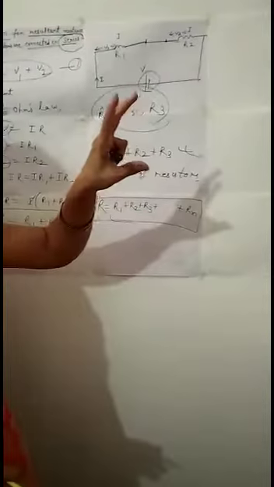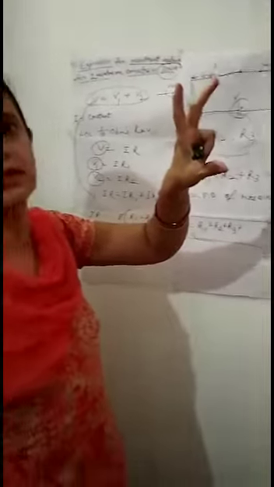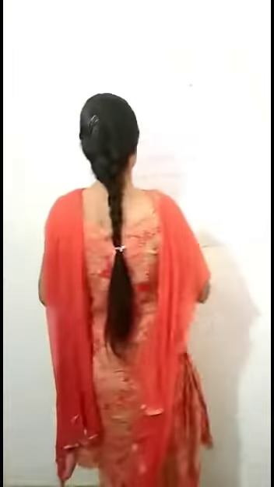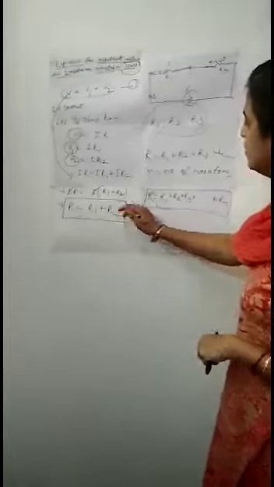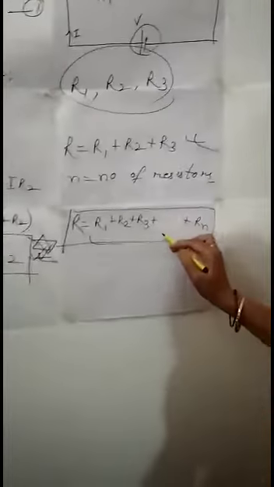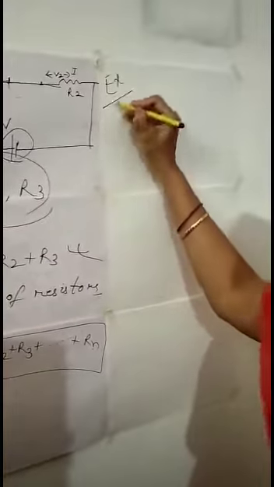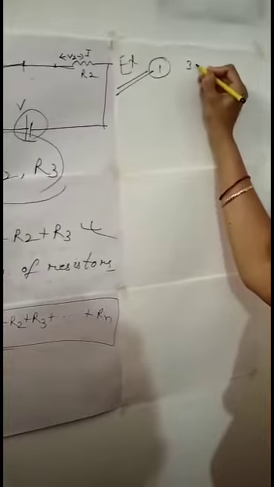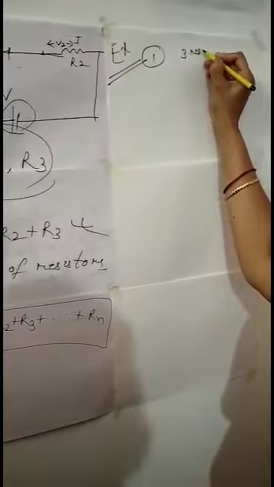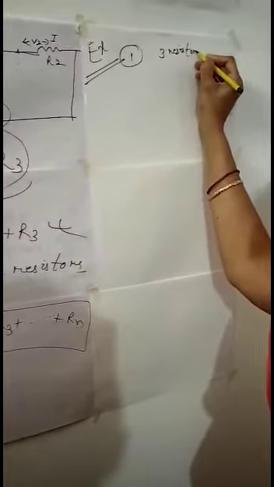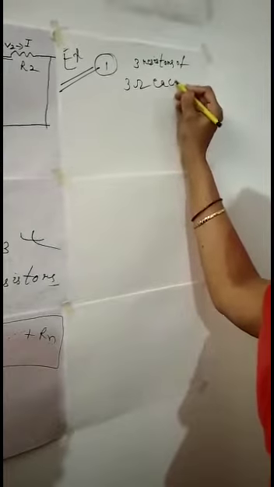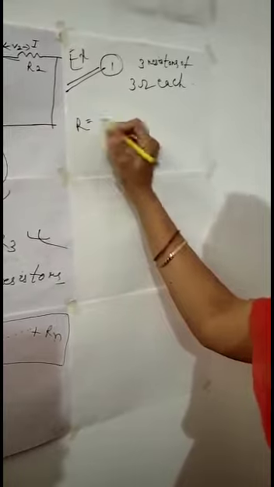Now we will discuss 2 to 3 examples based on series connection. So remember the formula: R is equal to R1 plus R2 plus R3 up to Rn. First example: if you connect 3 resistors of 3 ohm each, then what will be the resultant resistance?